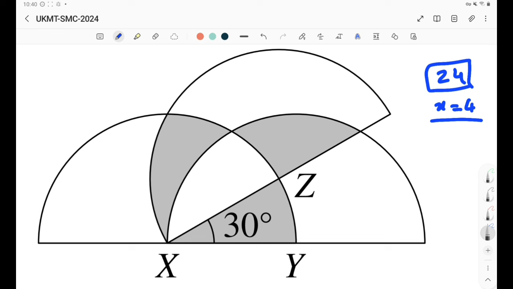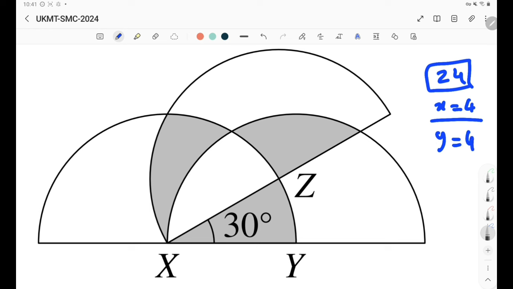If you just take this triangle, then it's equilateral, because this is equal to this, radius, radius, radius. And same thing here, this is equal to this, equal to this. So that means this shape here is the same as this shape here. But guess what? That means automatically, if you just remove the white space, then these two are equal. And automatically this gives us a free 4. So this thing is just 4.